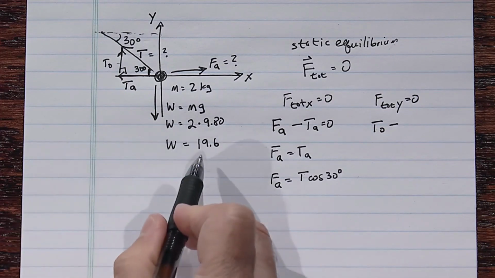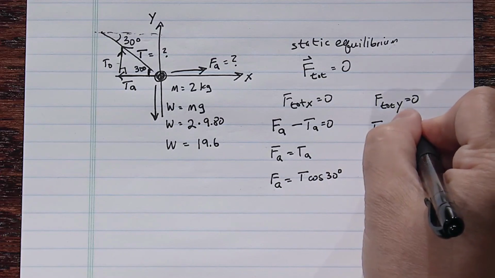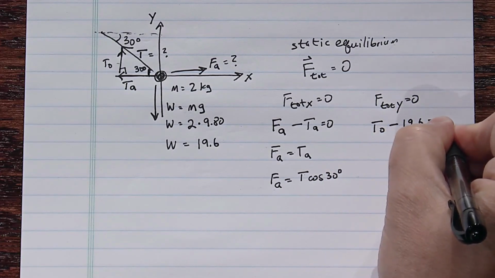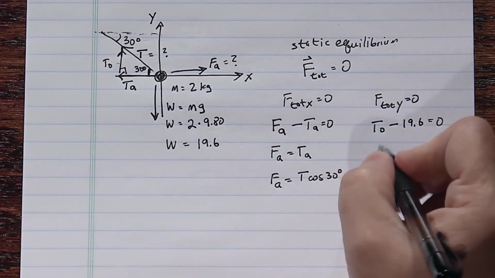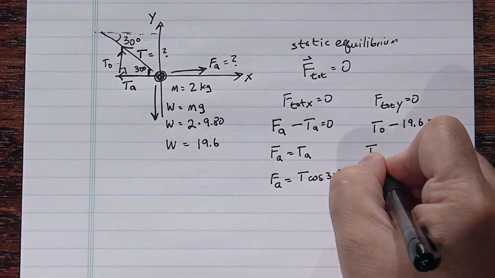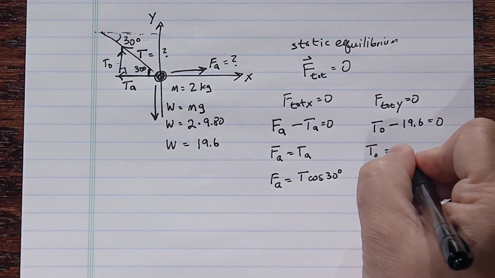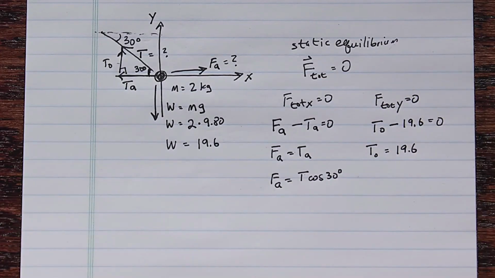And we know what weight is. Weight is 19.6 newtons. So T opposite minus 19.6 newtons equals 0. Or, by adding 19.6 newtons to both sides, we see that T opposite is equal to 19.6 newtons. So we know that this component of the tension must be 19.6 newtons.